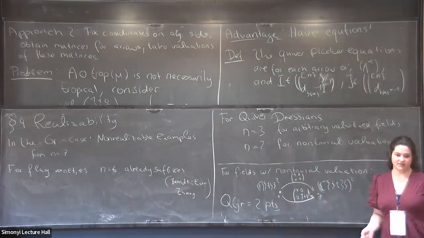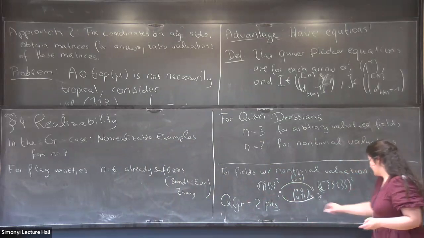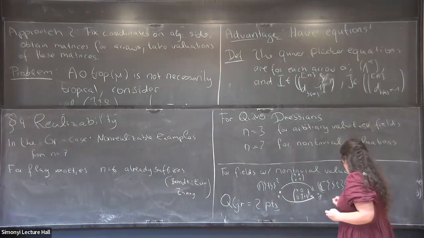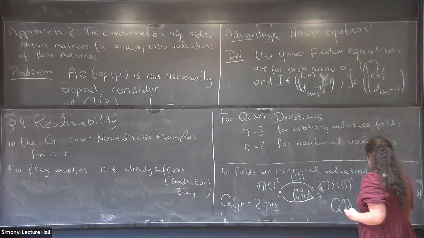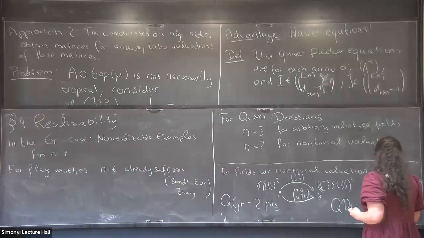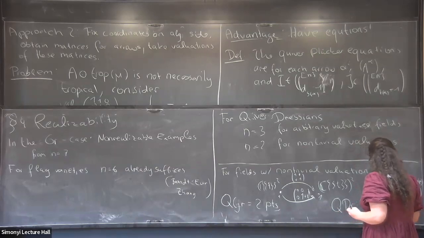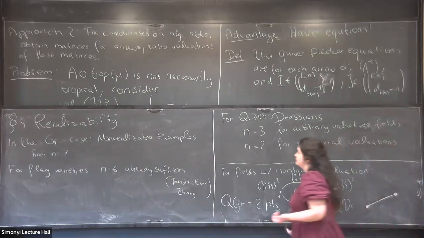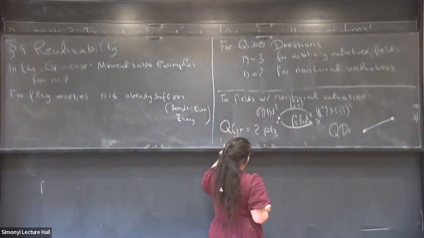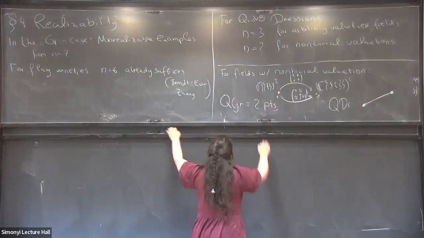Otherwise, you don't have equations. So the Quiver Grassmannian is two points here, and the tropical Quiver Grassmannian is the line between the valuations of these two points. So it's a nice example that you can still compute by hand.